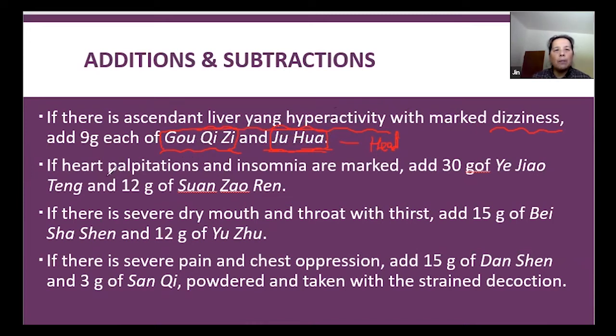And if the patient has more palpitations and insomnia, that means more heart issue, so we can add 夜交藤 and 酸枣仁, which we talked about before.